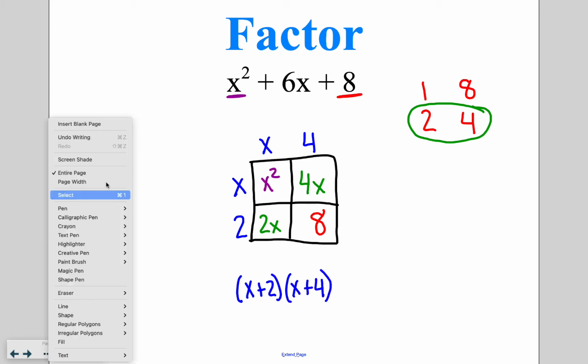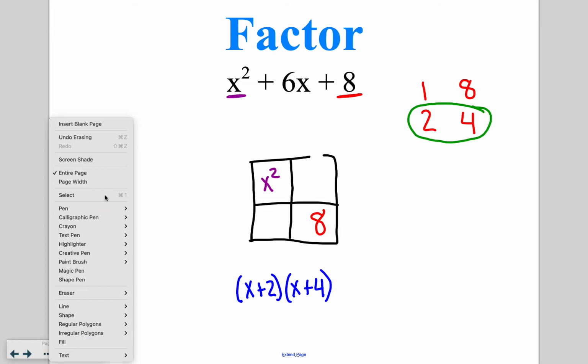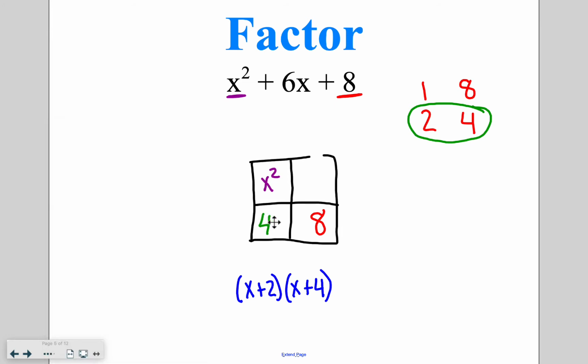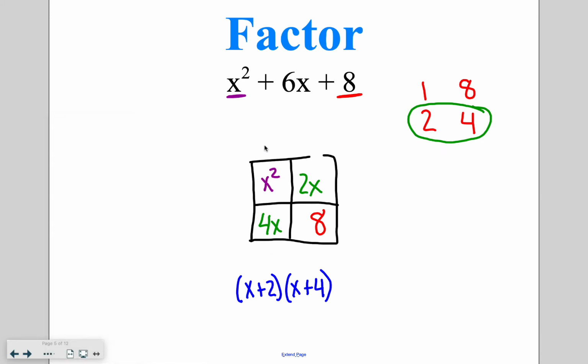Now, what would have happened if I had decided to fill in the box in the opposite order? So to put the 2x and the 4x in the opposite spaces. So the x squared and the 8 can't move. That's still our first term and our last term. But if I had decided to flip-flop those and put 4x here and 2x here, we still need to start by looking for the greatest common factor, which again is x.